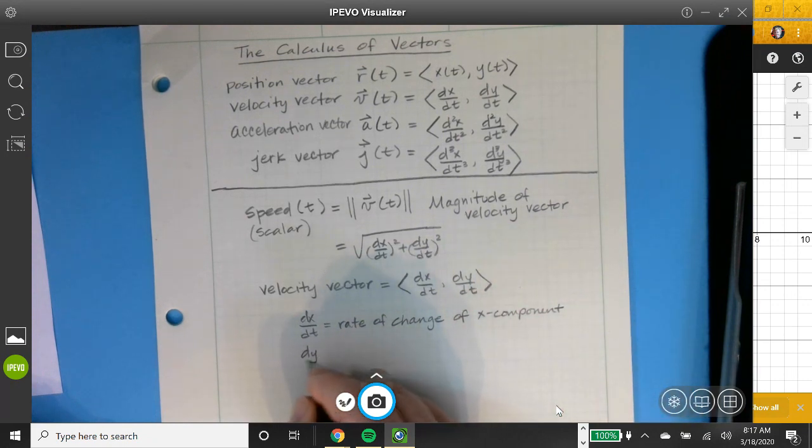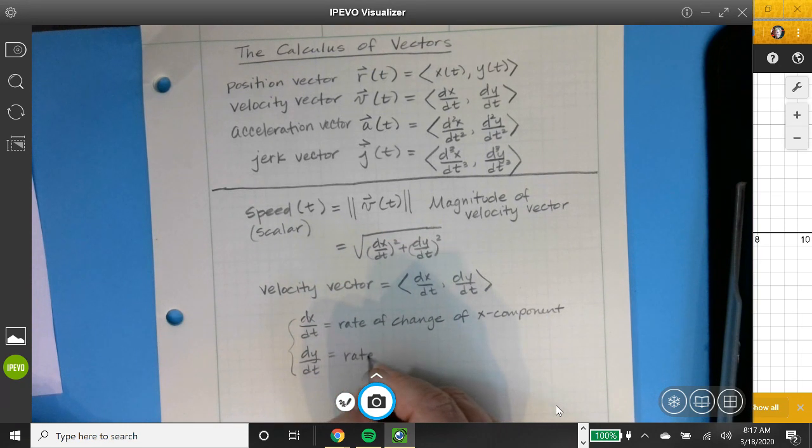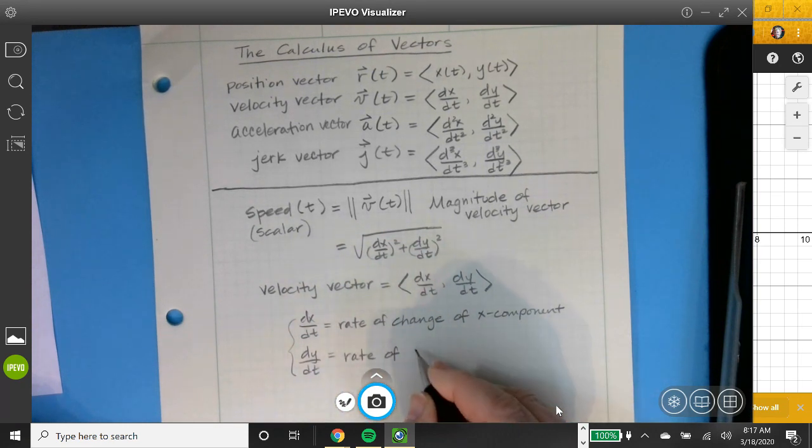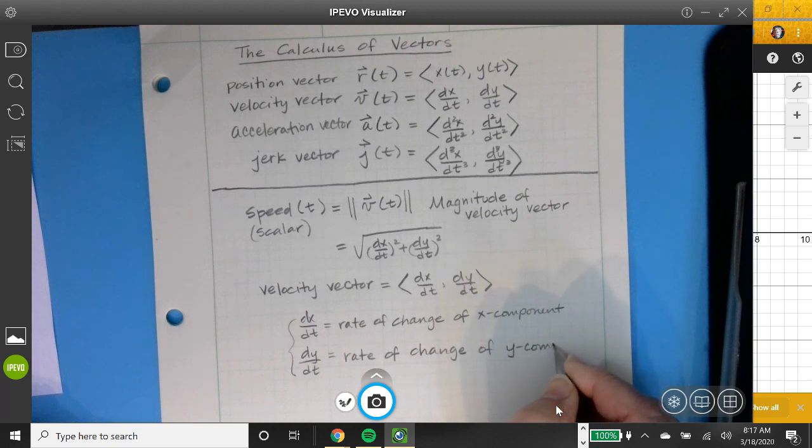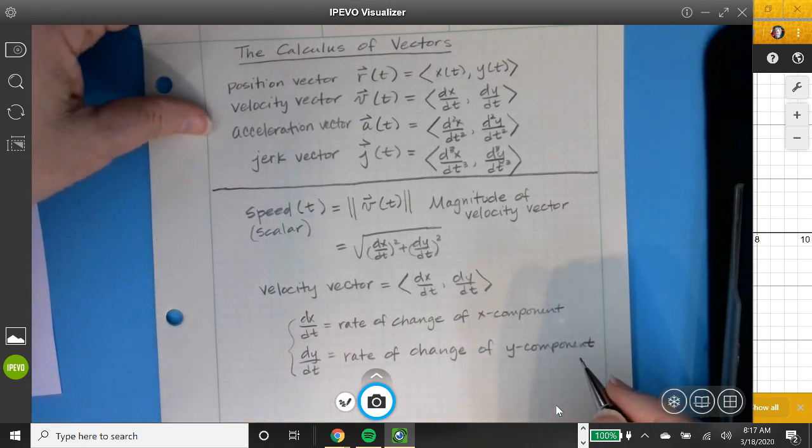And then dy dt is going to be the rate of change of the y component. All logical, all logical.